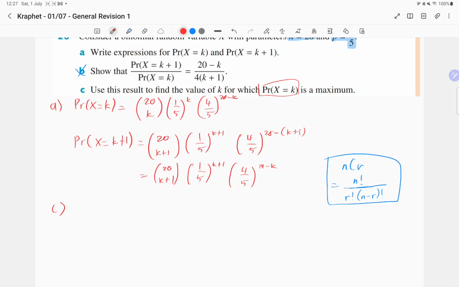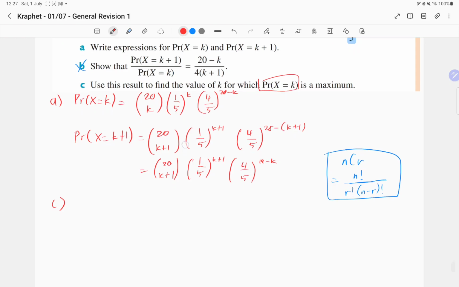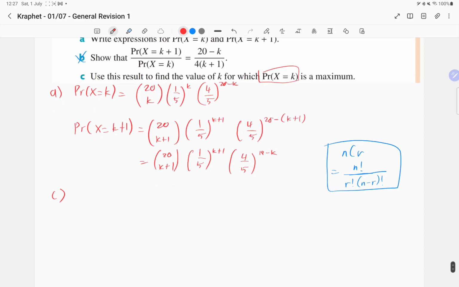So PR, so f at, okay, alright. I think I've got an idea on how to do this one, but see if you can follow. This one's a bit tricky.